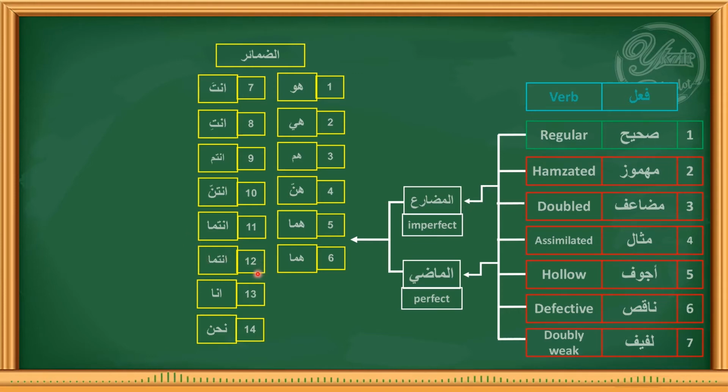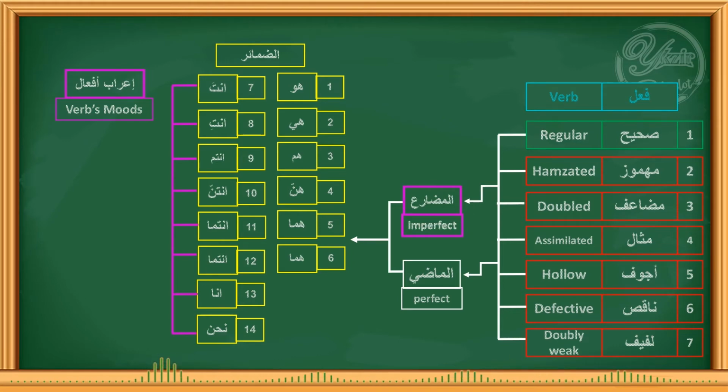Okay, all these 7 types of the imperfect verb also decline for mood. In Arabic, this is called i'rab af'al. The mood of the verb means that they change the case ending, just like nouns and adjectives. There are 4 different moods of the verb. The first one is actually the same in the Arabic terms, but we call it differently in English.